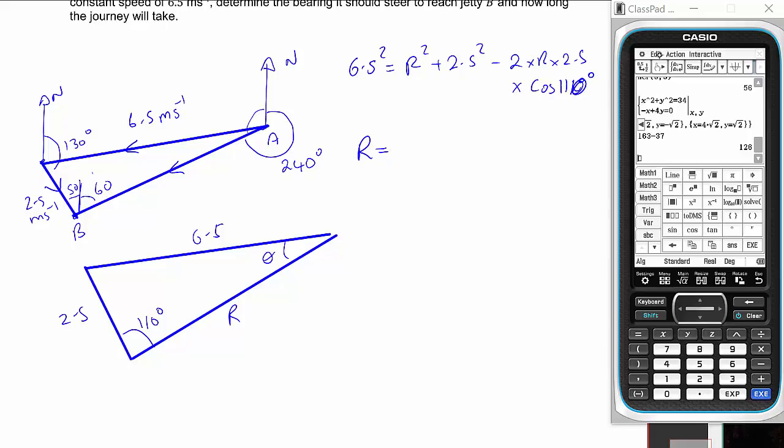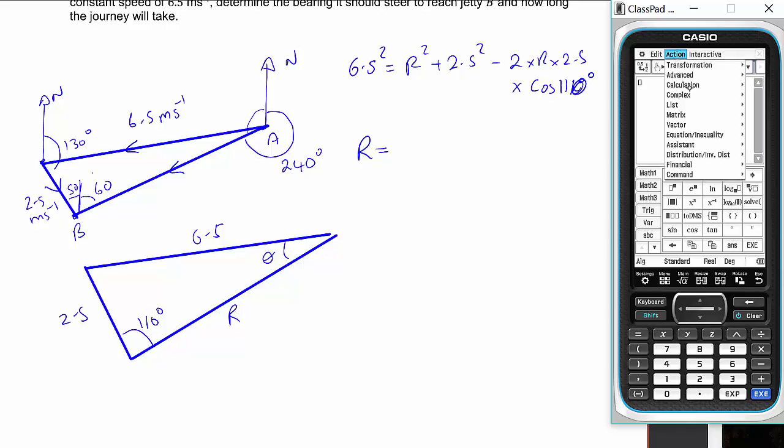Let's just solve it. Got the calculator sitting here. So action, advanced, solve. What have we got? We've got 6.5 squared equals x squared add 2.5 squared minus 2x times 2.5 times the cosine of 110.